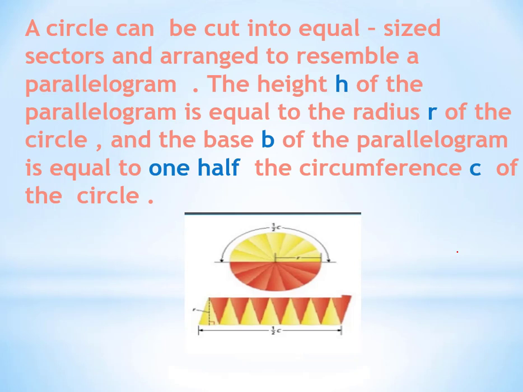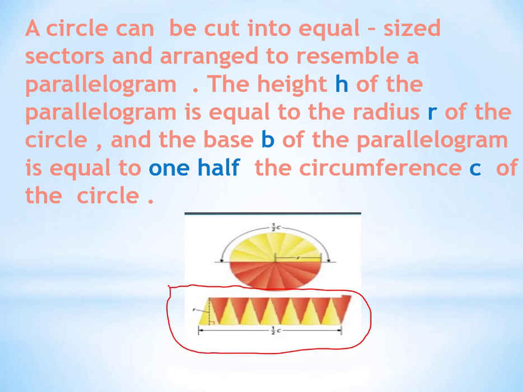So please bring a circle, and I want you to cut this circle into 12 equal parts as you see in the drawing. You can draw lines to divide the circle into 12 equal parts, and then cut them with scissors and put them in the rectangle shape as you see here.